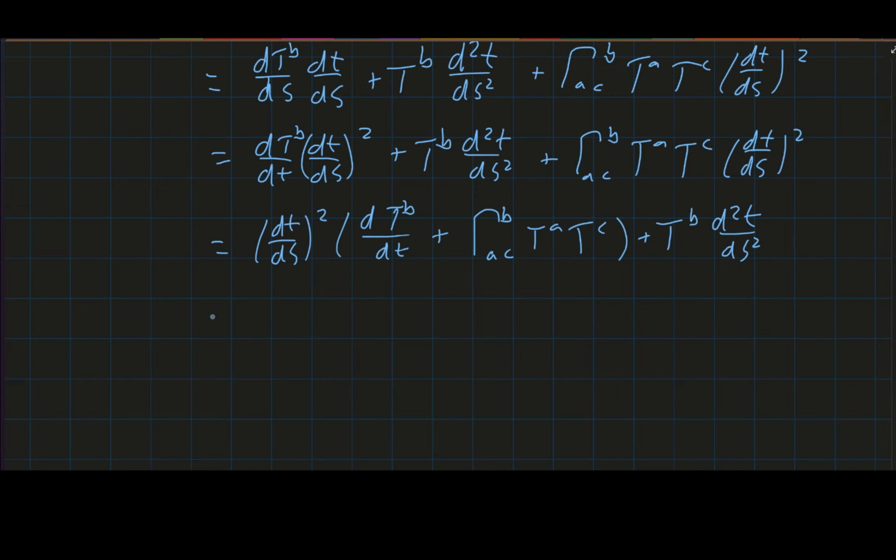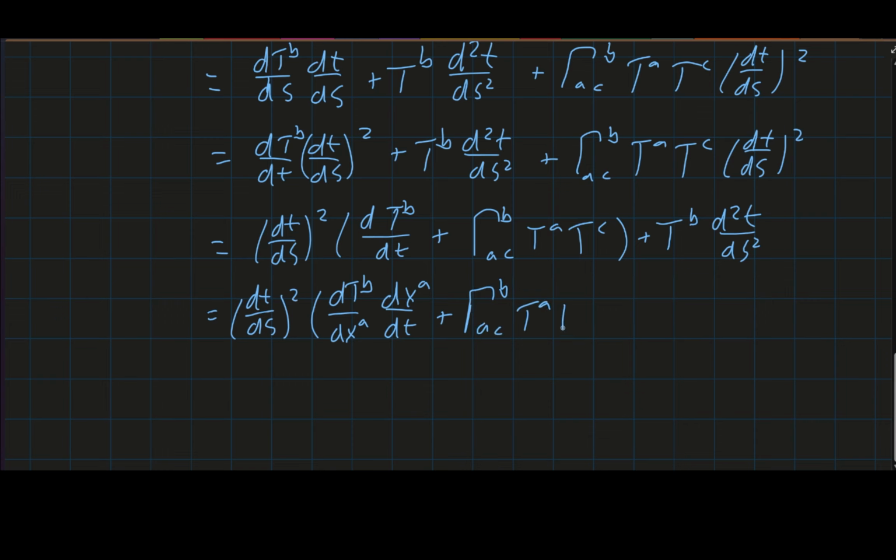Okay. So we're now going to chain rule this dT^B by dt, and we're going to say that it's dT^B by dx^a times dx^a by dt plus gamma, plus that last term.